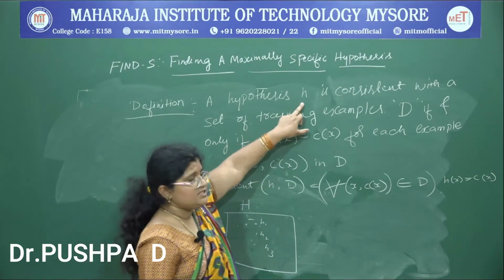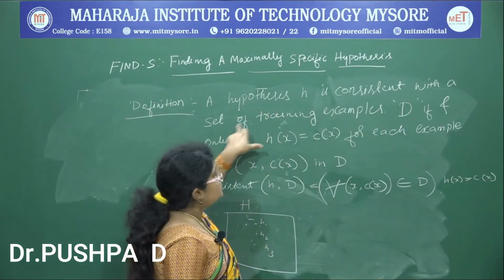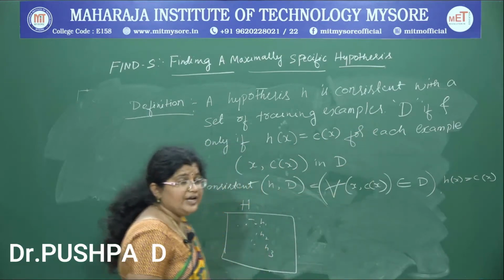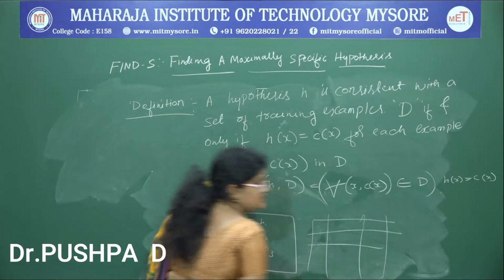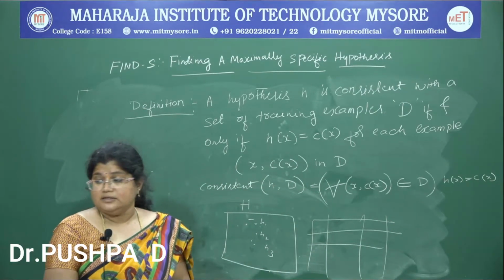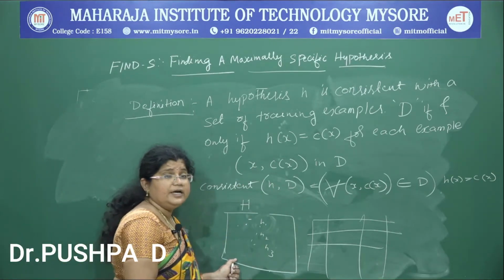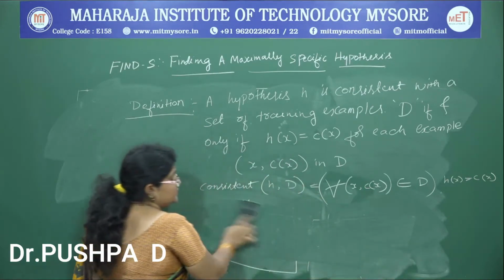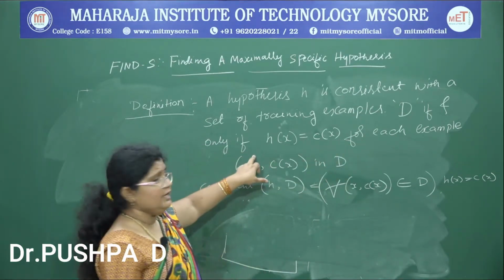That hypothesis h is consistent with the set of training examples D, the rows and columns of the data set. Capital D indicates the complete data set. The h which you generate should be consistent with the entire data set. It should address the entire data set D.